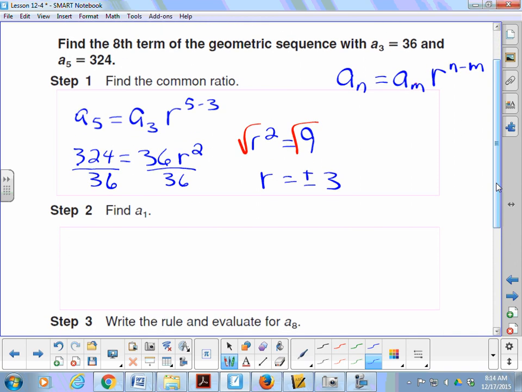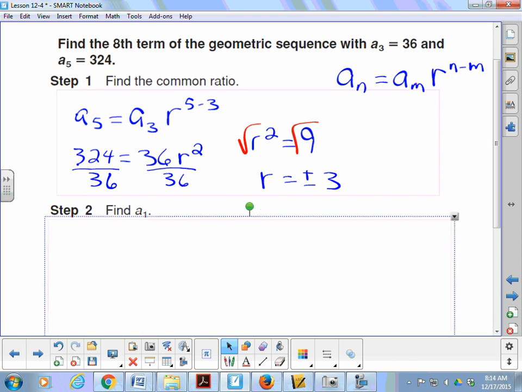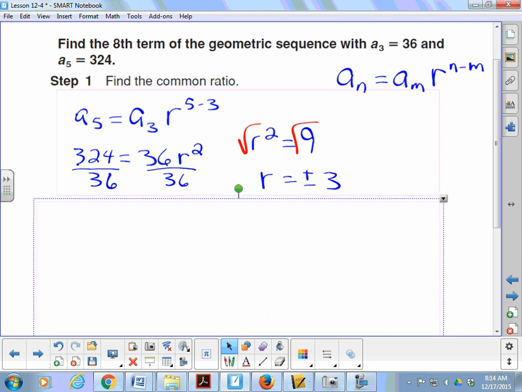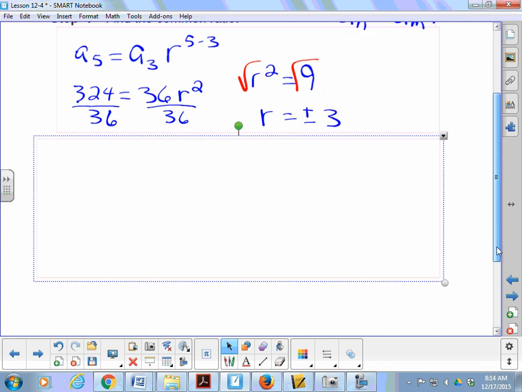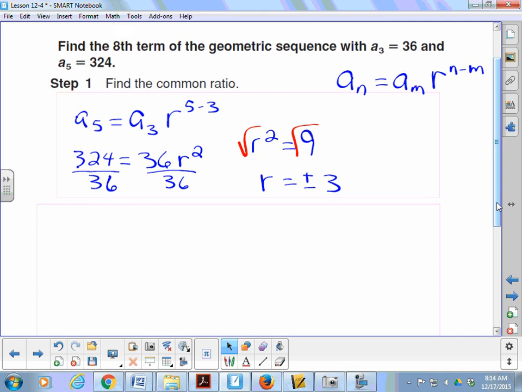Okay. Well, and I'm going to expand this. All right, so we found r, and we want to find the eighth term, and we know the fifth term, right? So let's do it manually. All right? So take out your calculator, right?